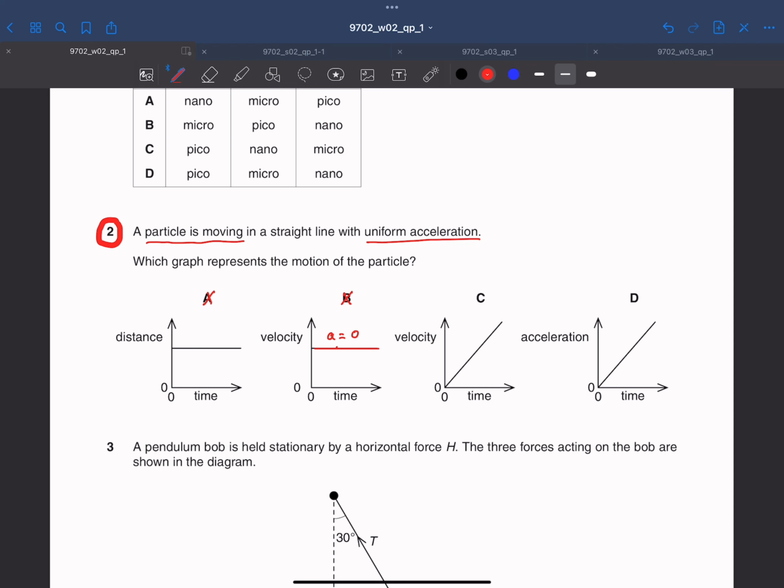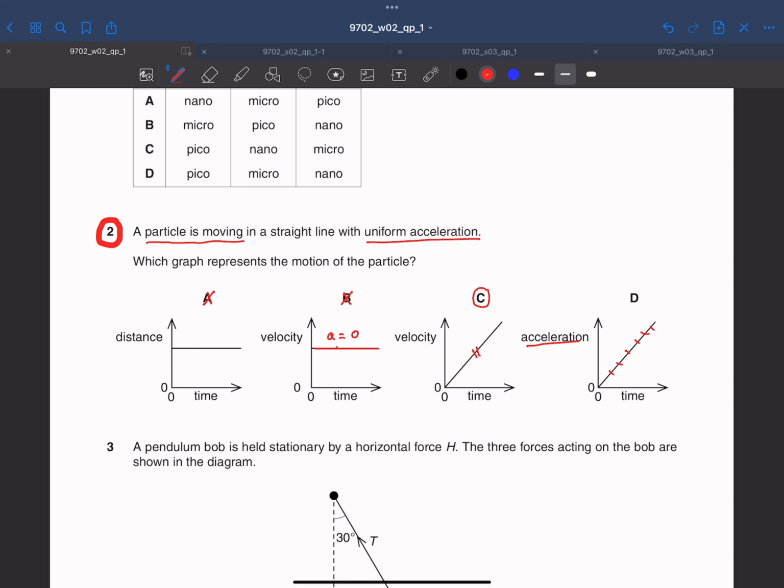Going to the next one, C, you can see that the slope of this velocity-time graph is constant, and this is nothing but uniform, constant acceleration. So you can simply choose the answer as C. D is not correct because the acceleration is increasing, and we have not considered anything in which the acceleration is increasing.